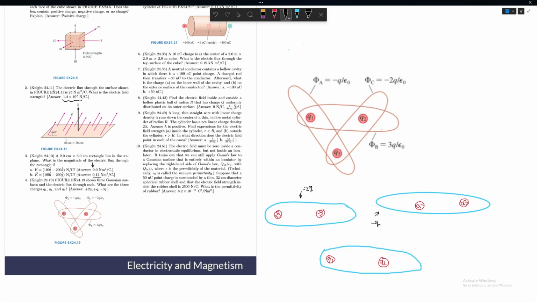Alright, so now back to this. This is 3Q. Now, how can I find each one? Well, if I give this 1Q and I give this 2Q, then this would be a total of 3Q, so that doesn't work.